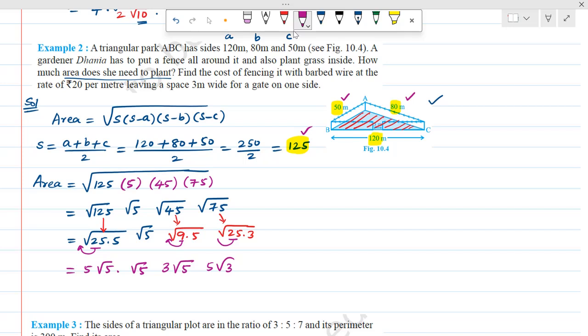Now when you multiply this, what happened? 5 into 3 is 15, 15 into 5 is equal to 75. So inside the root, you will have 5 into 5 into 5 into 3.